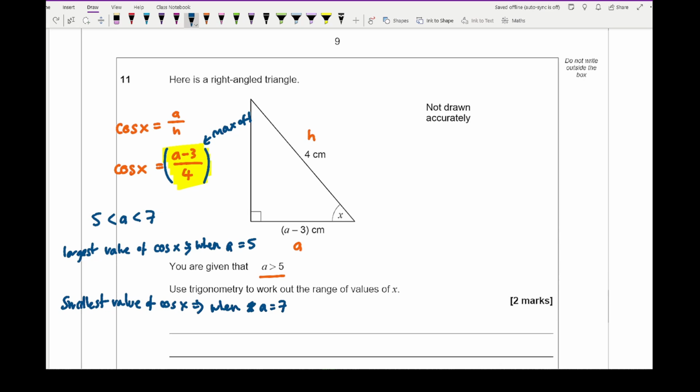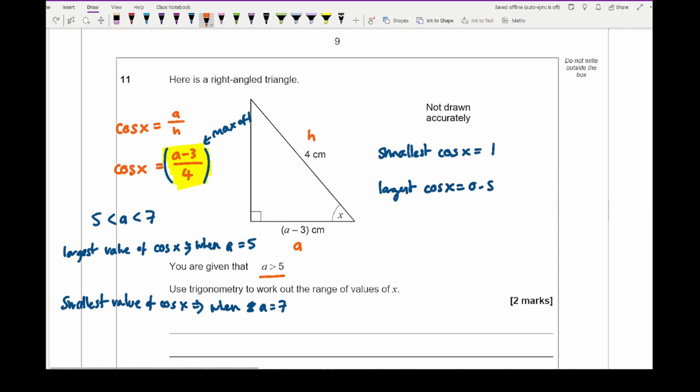So from this, the smallest is when a equals 7, so that's 7 take away 3, so that's when it's 1. And the largest is when cos x equals 0.5.